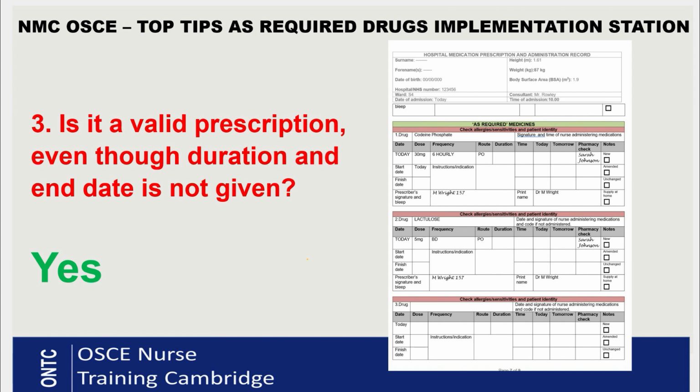The route is PO, duration is not given, start date is today, end date is not given, and then it is prescribed with a signature, and the bleep number is there. The prescriber's name is there as well in print name. So the bleep number is there, and the signature is there.